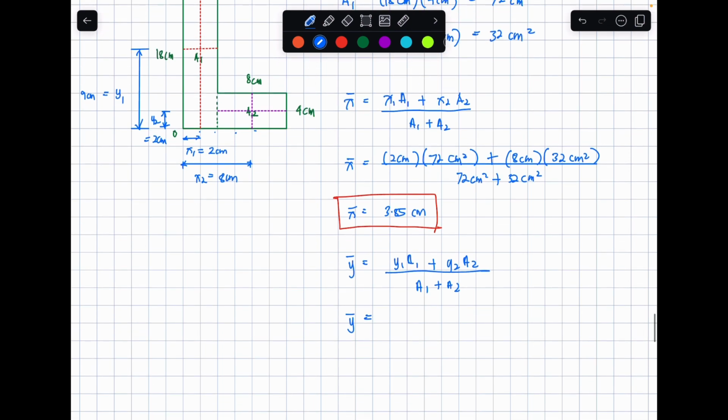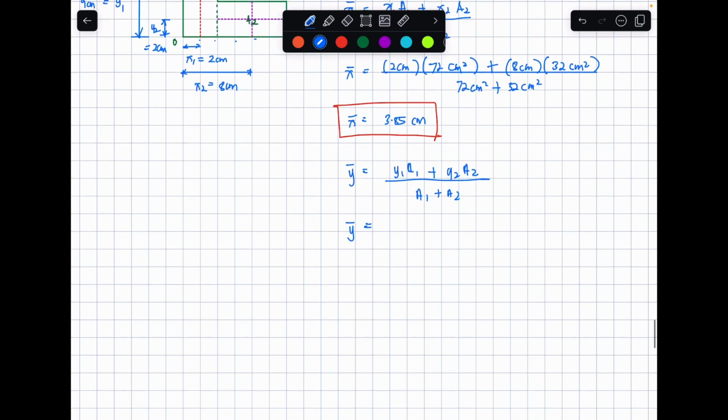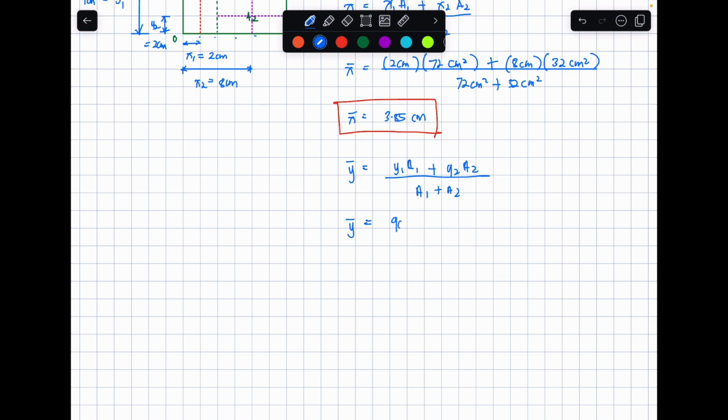So y1 is 9 centimeters, area 1 is 72 square centimeters, plus y2 is 2 centimeters times 32 square centimeters, divided by 72 plus 32 square centimeters.